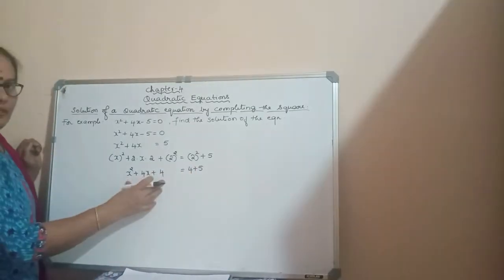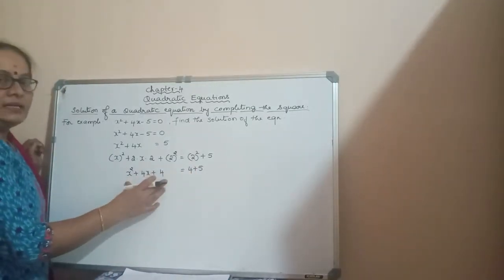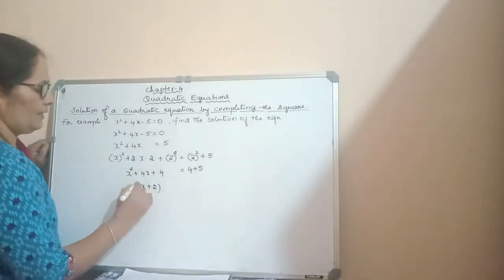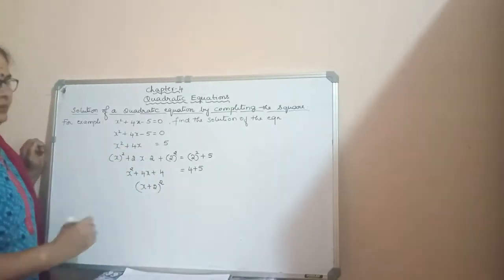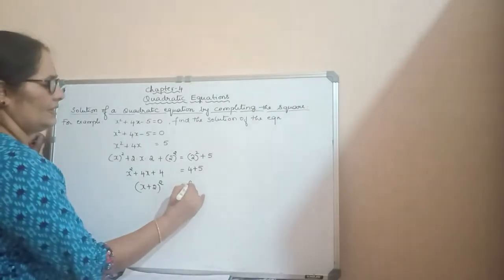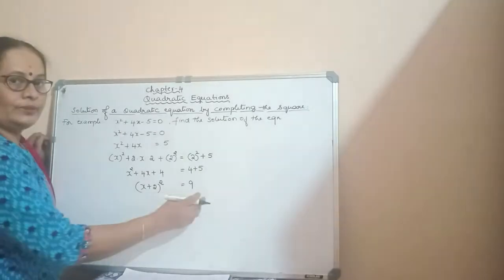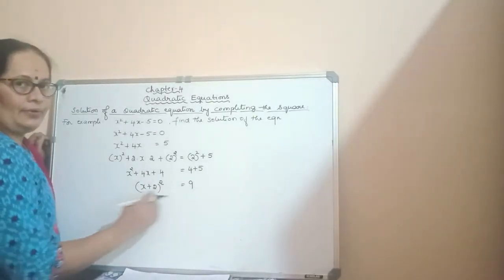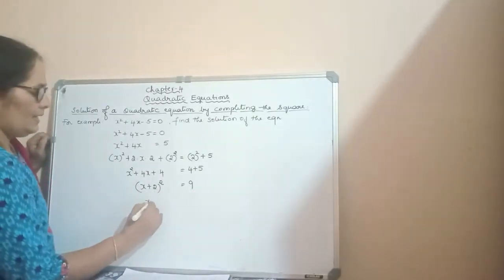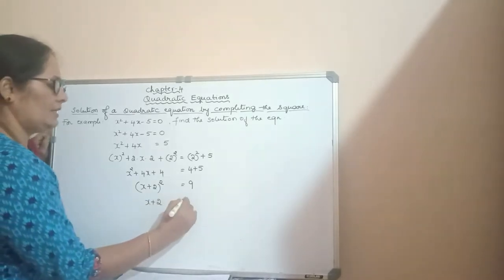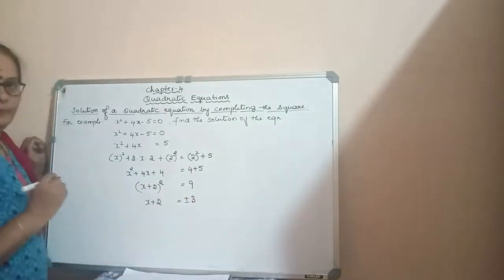Now the left side is a complete square, that is (x plus 2) whole square. Then the right hand side is 9. Now take the square root on both sides. If you apply the square root on both sides, you will get x plus 2 equals root of 9, which is plus or minus 3.